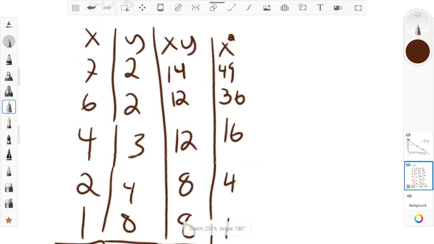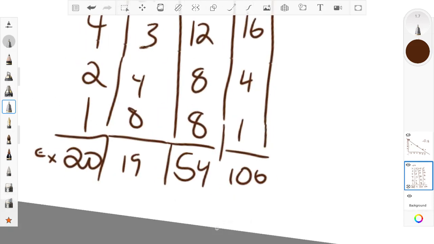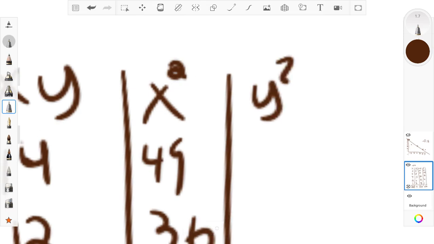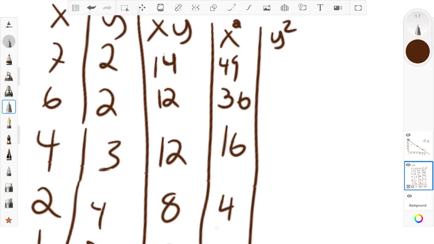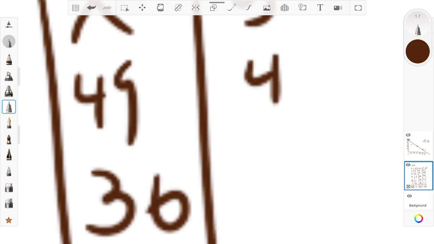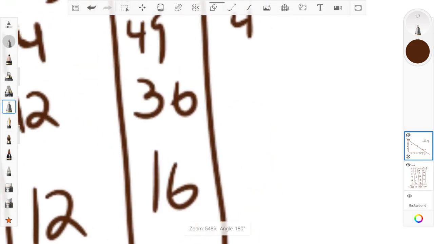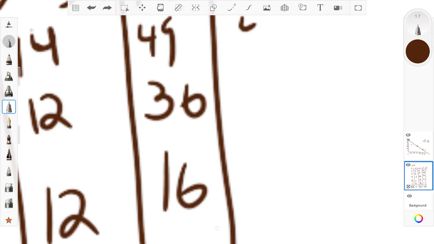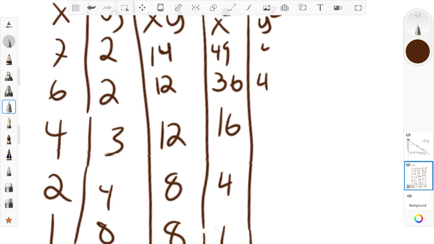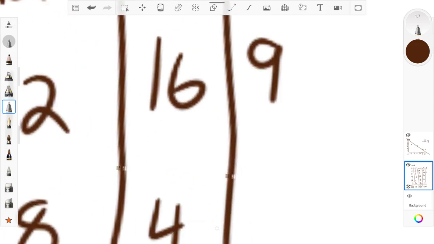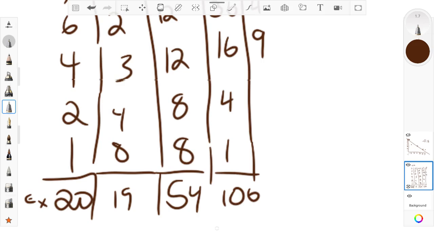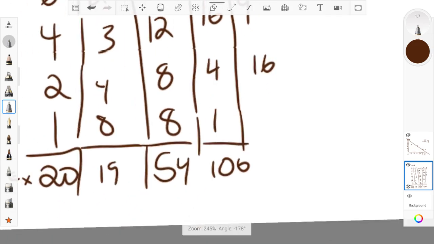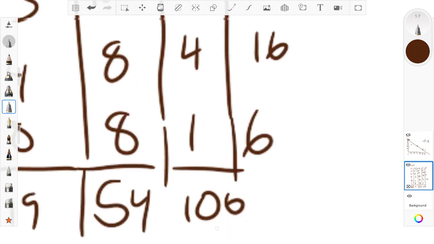And now we find our y squared. 2 times 2 is 4. 2 times 2 is 4 again. 3 times 3 is 9. 4 times 4 is 16. 8 times 8 is 64.